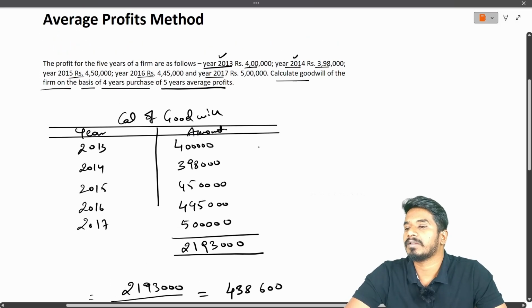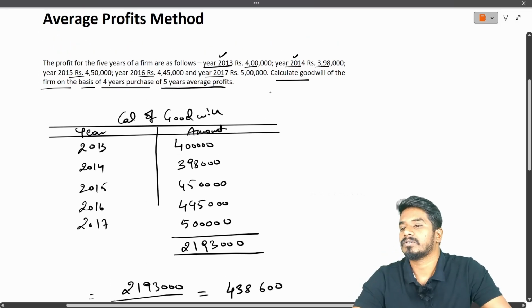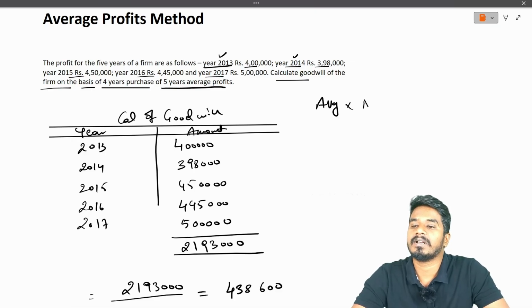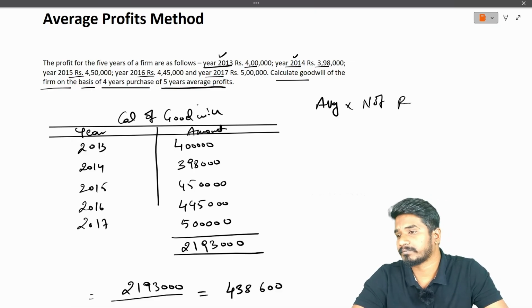So we need to find out the goodwill. For goodwill, we need to multiply average profit by the number of purchase years, which will be given in the question.